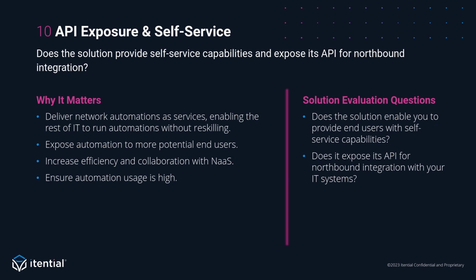And then number 10 is around exposure and self-service. And when we talk about exposure, we're talking about that universe of consumers of the automation capability, that most organizations want to move well beyond the model of I get a ticket, my engineer kicks off a script, they run the automation and go, right?